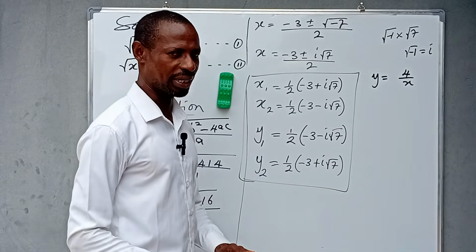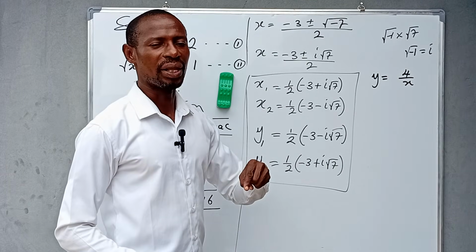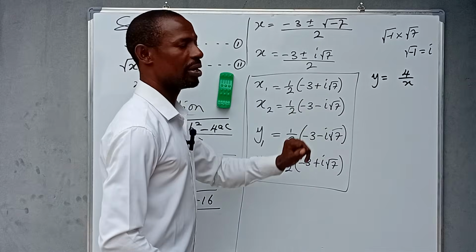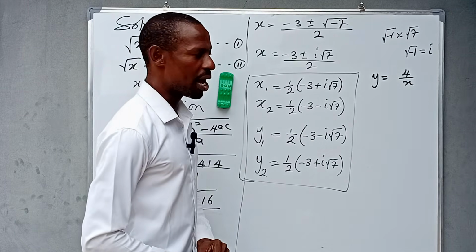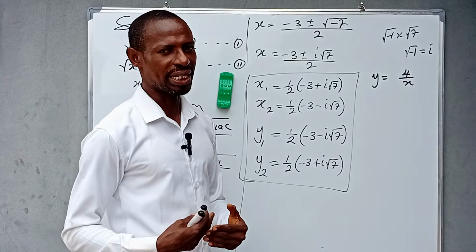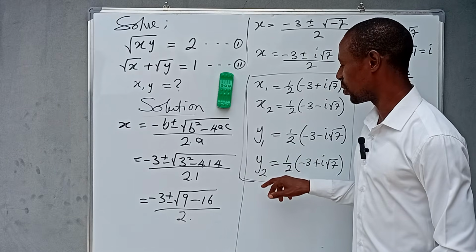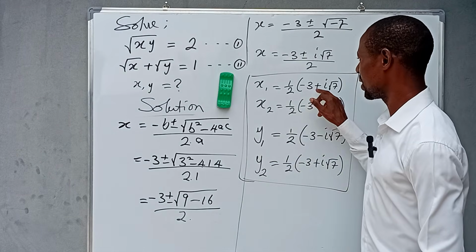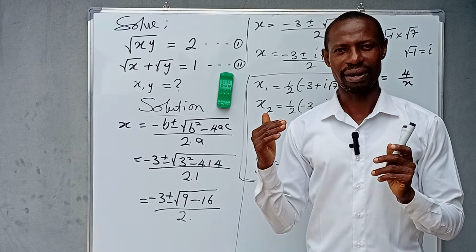I've done that already. But if you want me to make a video on how to rationalize a function having imaginary numbers or imaginary expressions, then you can say make a video in the comment section, and I'm going to make a video on how to solve for y1 and y2 with this imaginary expression, and how to rationalize an imaginary denominator.